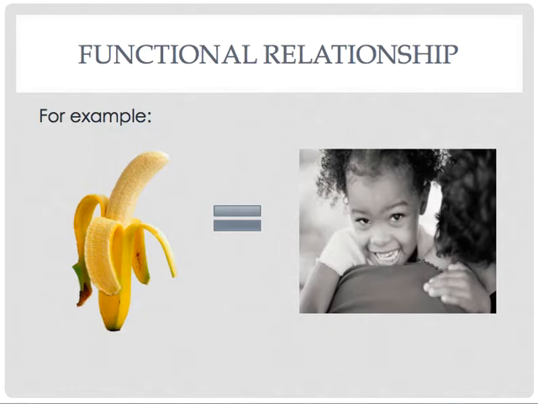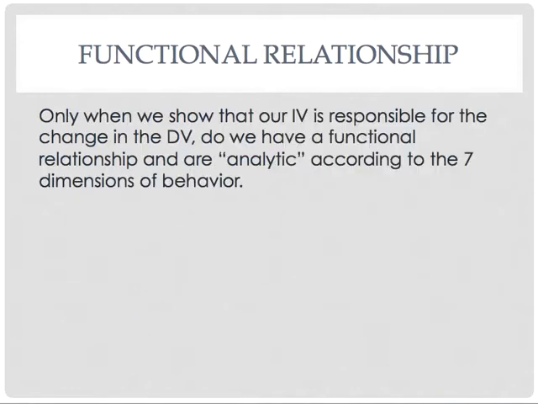Now, let's look at an example. Let's say that I have a theory that eating a banana can increase smiles. So my theory is if you eat a banana in the morning, then you will have an increase in smiles throughout the day. So I want to show that there is a functional relationship between the banana and smiles.